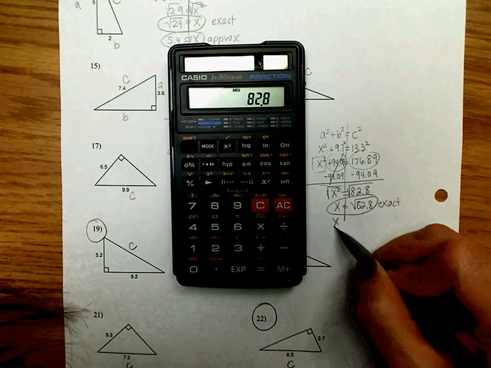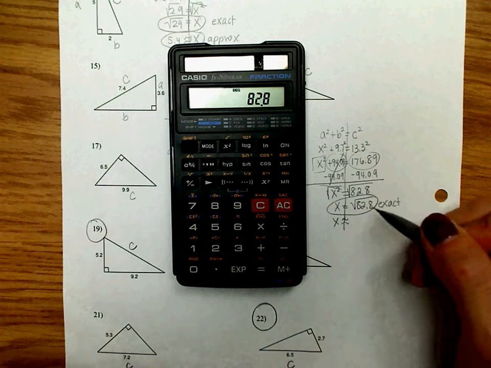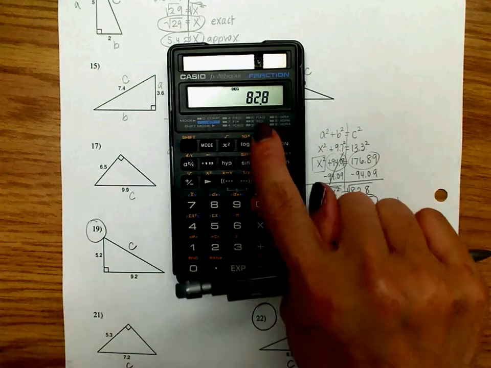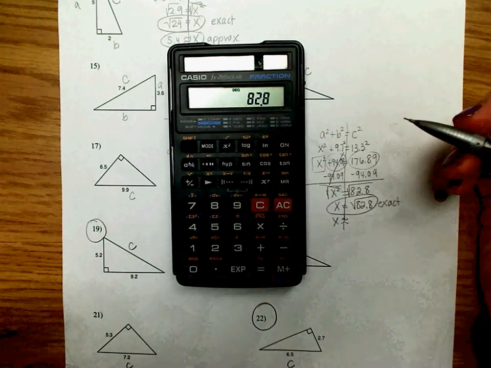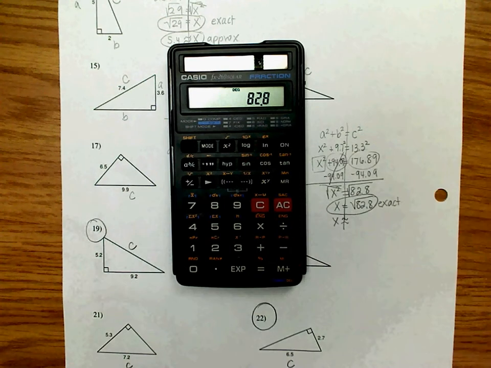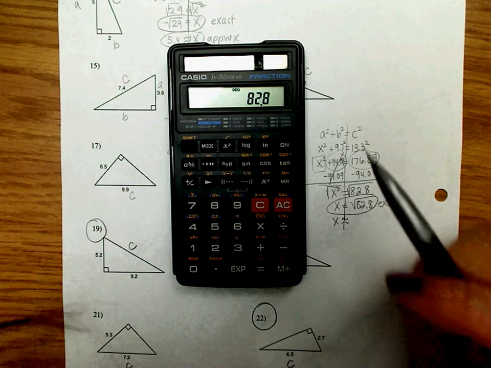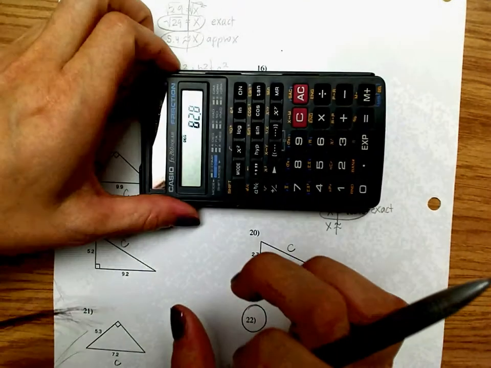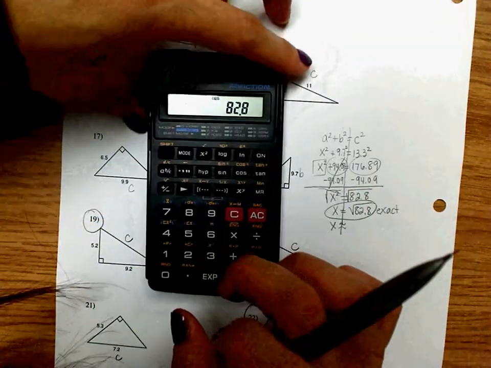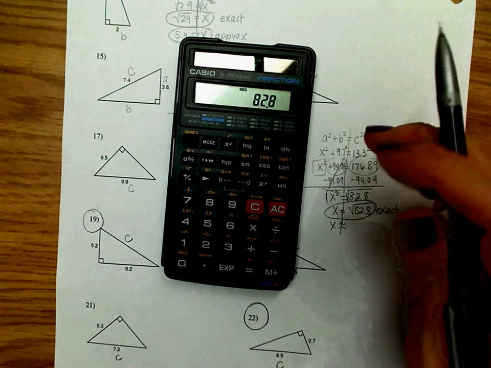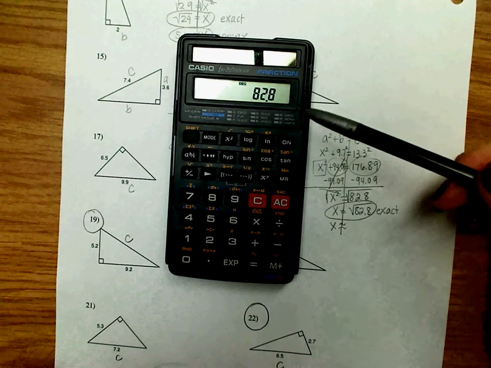The approximate answer is when you take the square root of this number. So 82.8 is already in my calculator. Now, if you don't have a square root function at home, you can take your phone and find the calculator, and if you turn your calculator on the side, usually you'll see a square root pop up. If you don't have that, then just go to the online calculator.